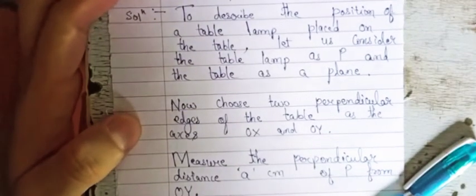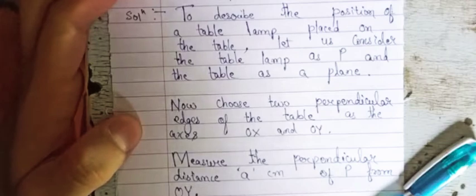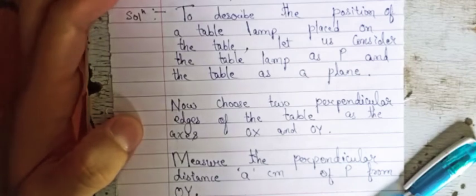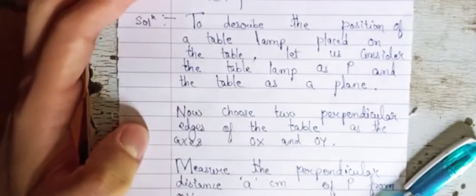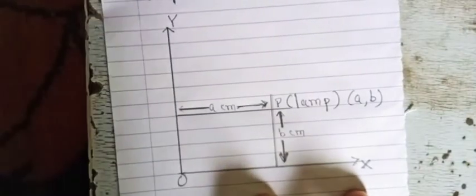So now choose two perpendicular edges of the table as the axes OX and OY. I will show you the concept diagrammatically. Measure the perpendicular distance a centimeter of P from OY.